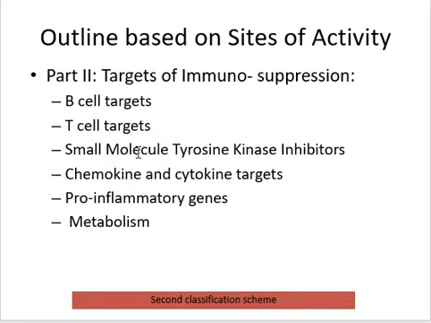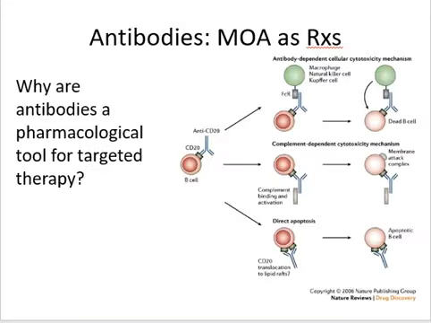Based on sites of activity makes a little more sense, at least conceptually, because you can see a B cell target, a T cell target, and so on. This is the classification scheme that I used, and it's a little different than what we've traditionally done in pharmacology, but these are not traditional pharmacologic agents. Most of these drugs are proteins, actually. Okay, and along that line, most of them are antibodies. This is just a quick review.